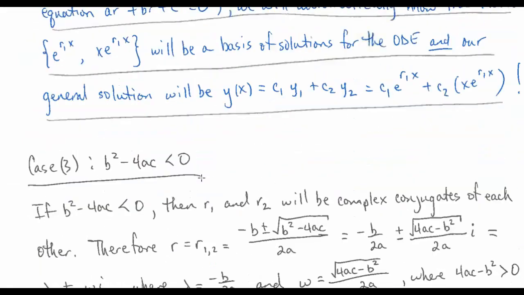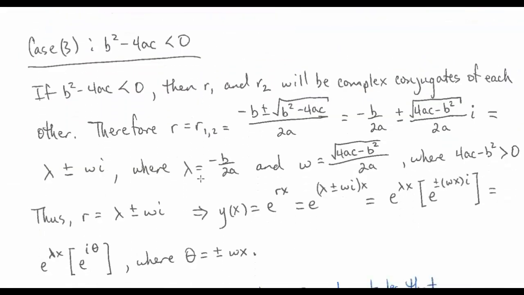Okay. All right. So for case 3, remember this is the case when the discriminant is negative. By definition, if our discriminant is negative, then the square root of a negative number is technically an imaginary number, or in general, a complex number. So this particular solution will take on this form here.